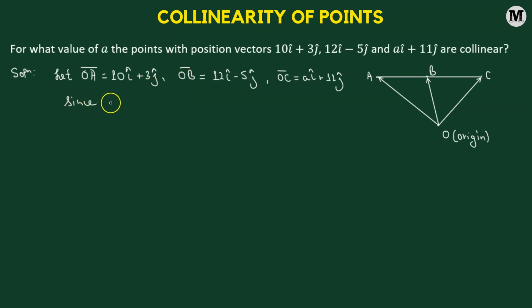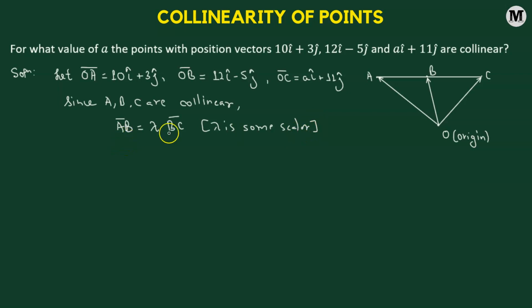Since A, B, C are collinear, we can say that AB vector will be equal to lambda times BC vector, where lambda is some scalar. This is the definition for 3 points to be collinear.